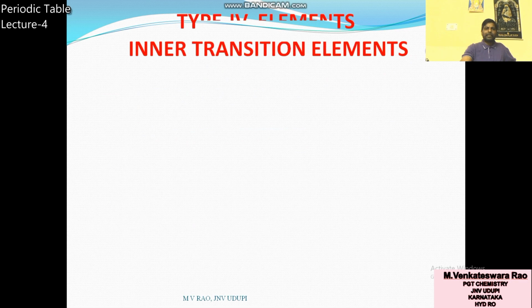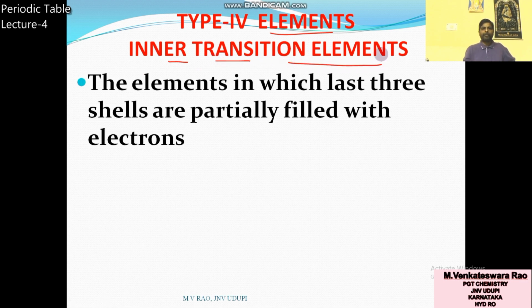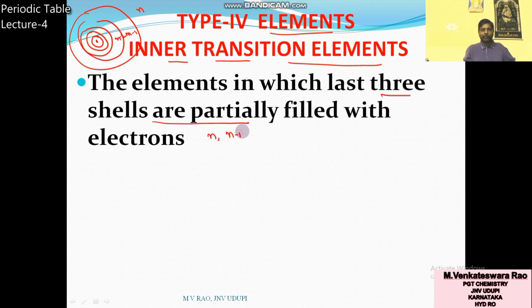Okay. Next, type 4 elements, that is inner transition elements. In these elements, the last 3 shells are partially filled. That is N, N-1, N-2.